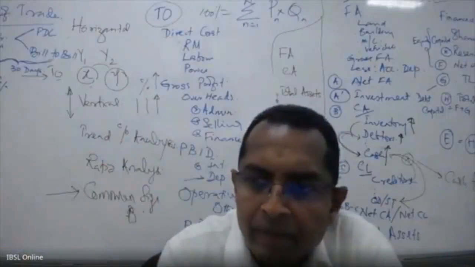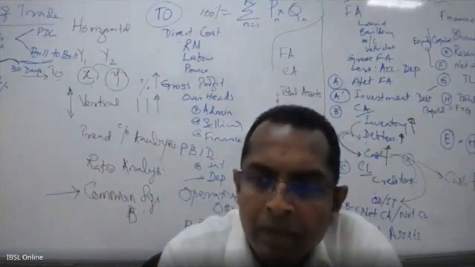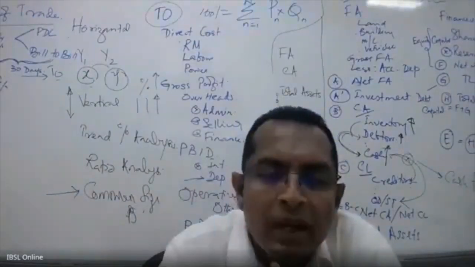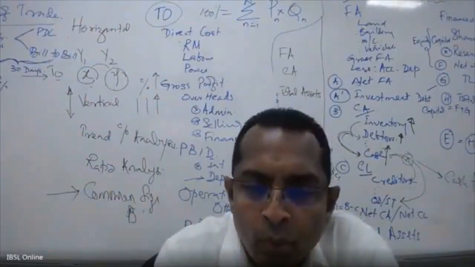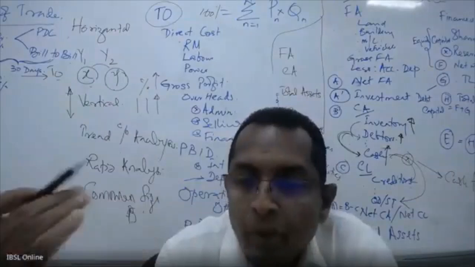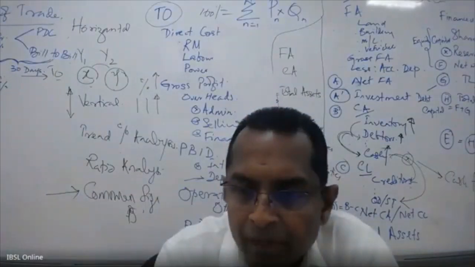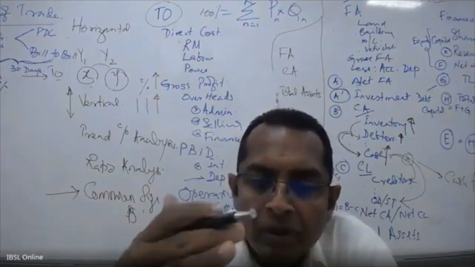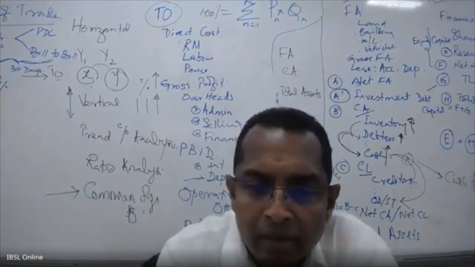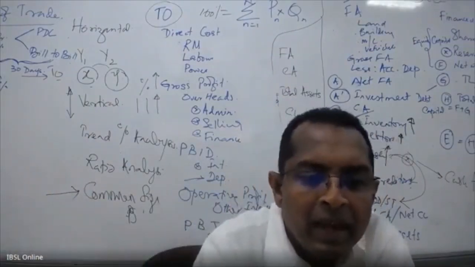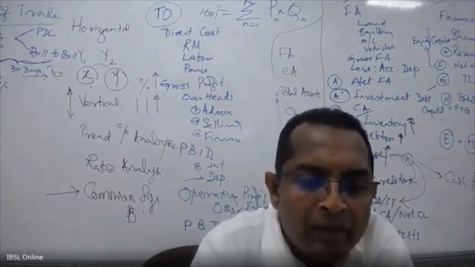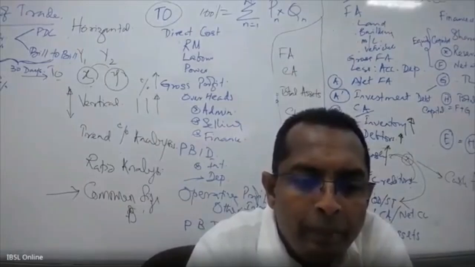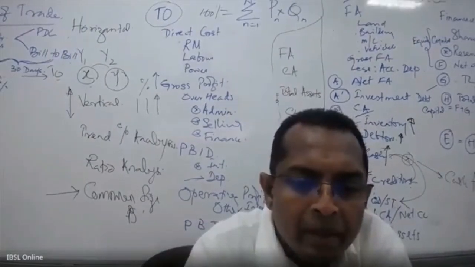Say it's 6 times. That means every 60 days you convert inventory into a sale, right? Per annum, you are converting your inventory into sales 6 times. The same way we can calculate inventory turnover period, right?